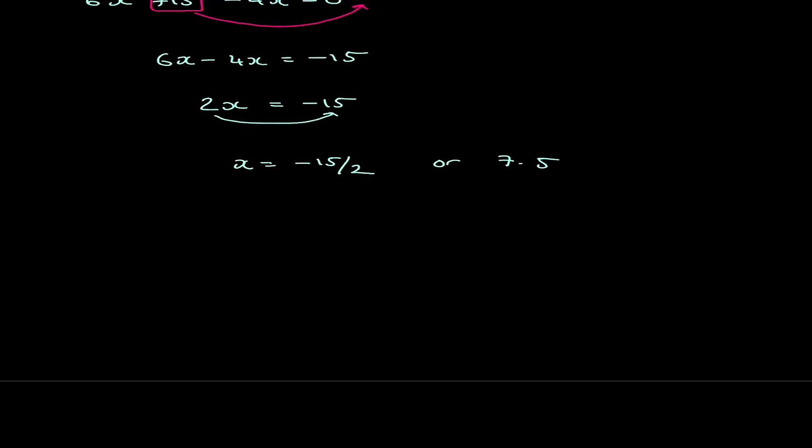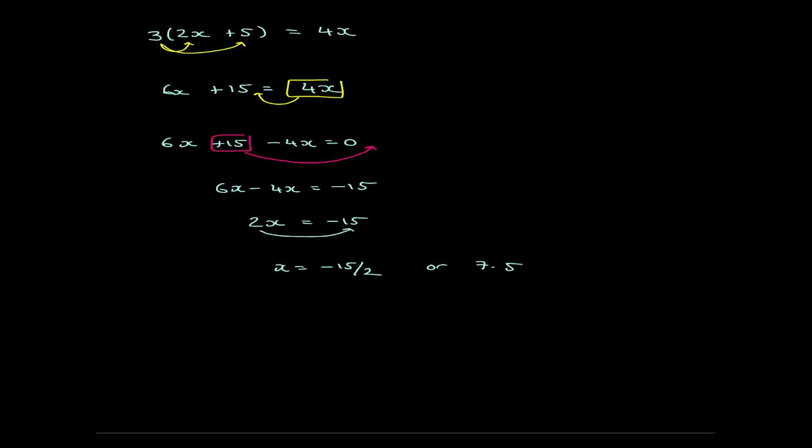What we have to do actually is check our answer. So I've got 3 brackets 2, and instead of x, I'm going to have minus 15 on 2, plus 5, and I want to know if this equals 4 times minus 15 on 2, 4x.